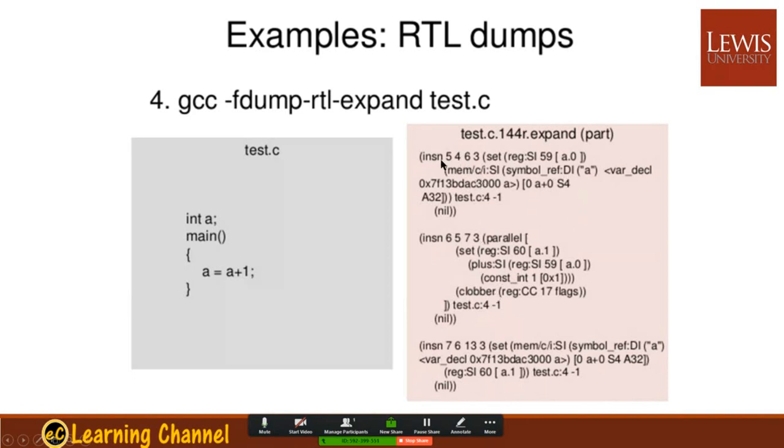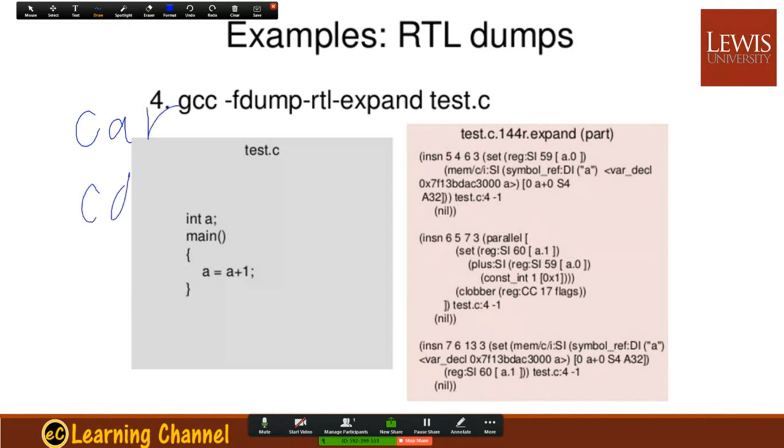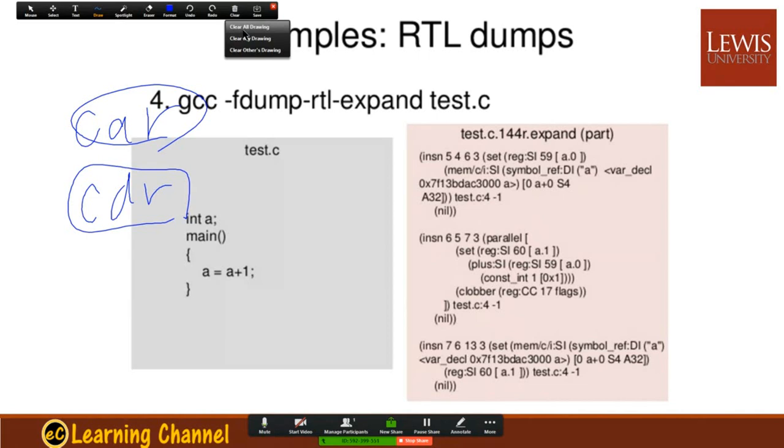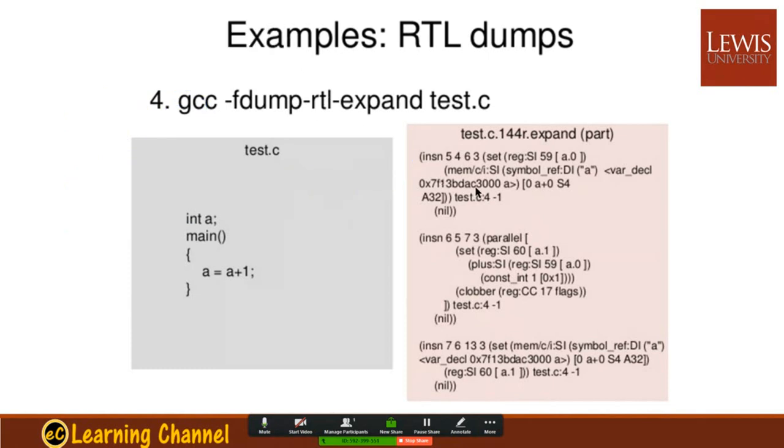As in the Lisp language, you have CAR and CDR, getting the first term, getting the rest of the terms, those operations. But it's actually related to the register transfer language.